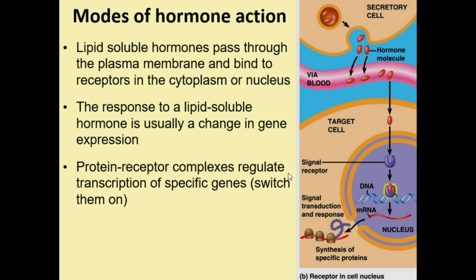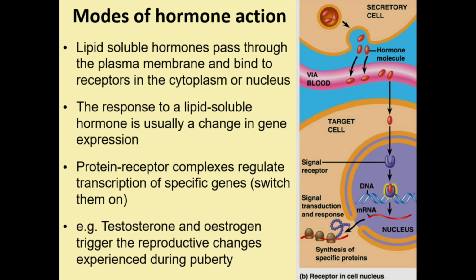Protein receptor complexes regulate transcription of specific genes. If you remember, transcription is where we produce that section of messenger RNA, which will then be read by the ribosome and basically turned into a protein.